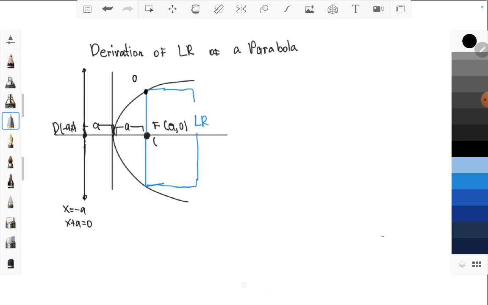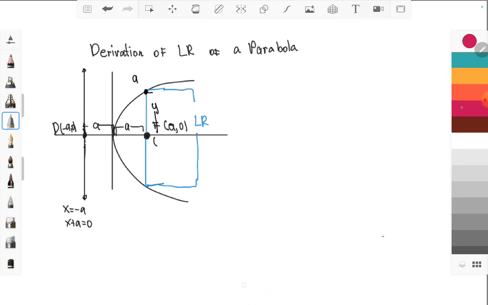I have A, and a value Y, wherein Y will be the length of half of our LR, or LR over 2. So let's call this point A, Y. These will be its coordinates.